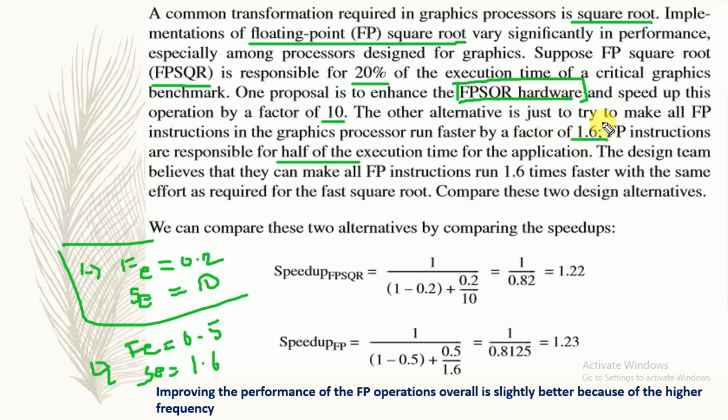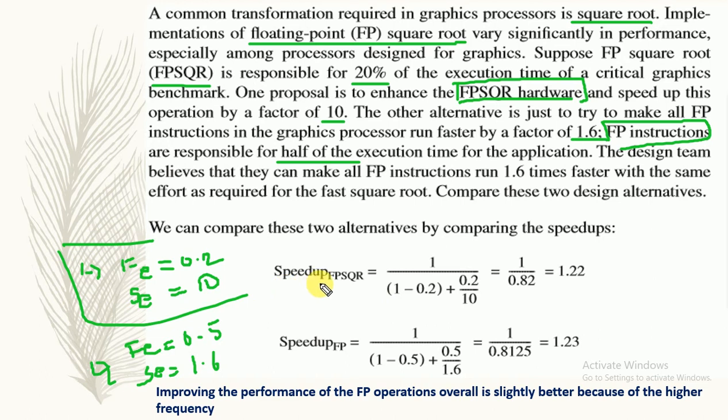Second: adding enhancement to all the FP instructions. Adding only FP square root hardware gives a speed up of 10, but adding to all the FP instructions, the speed up will be only 1.6. We'll have a comparison.